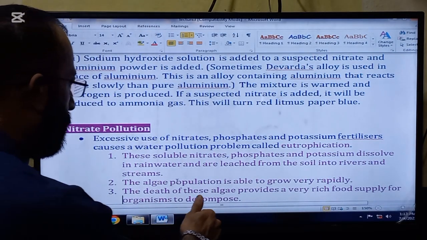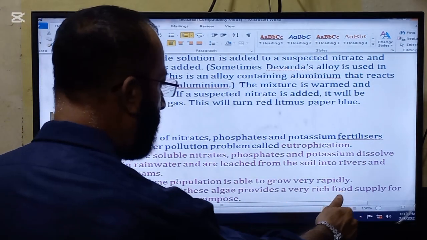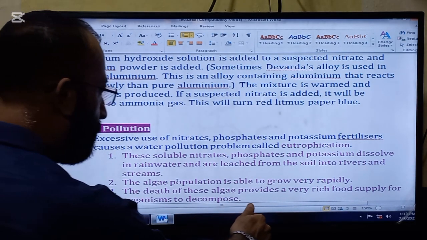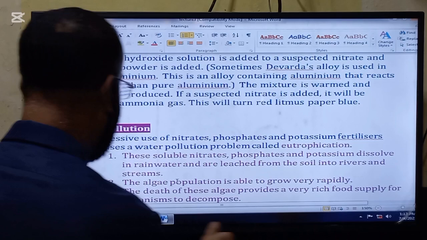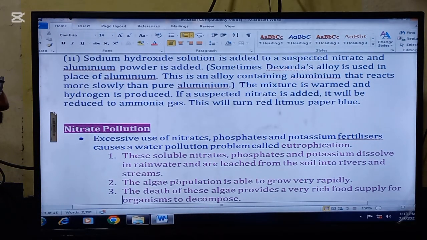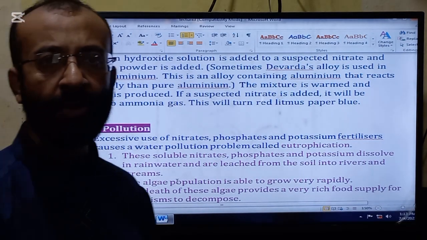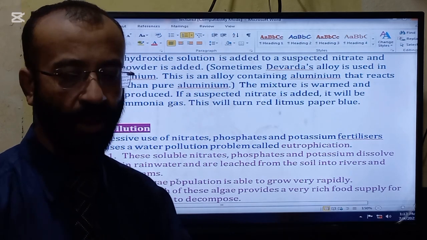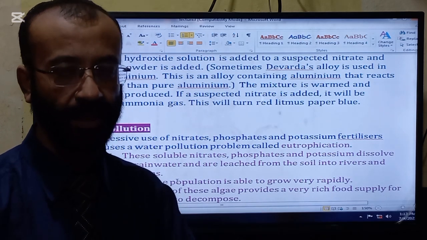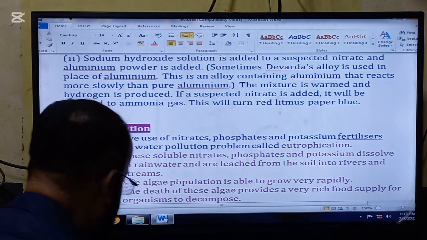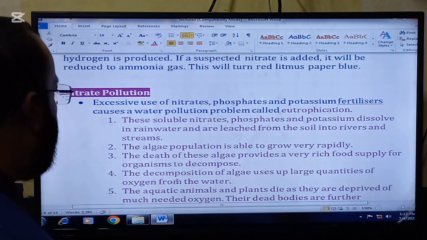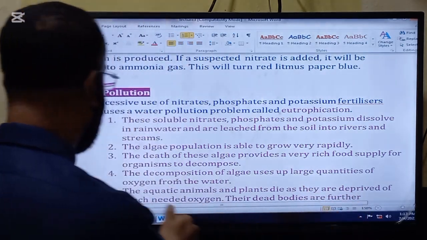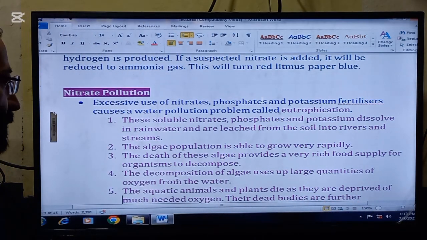The algae population is able to grow very rapidly because of this. The death of these algae provides a very rich food supply for organisms to decompose. So because of this rich food supply, the organisms gather there. The decomposition of the algae uses up large quantities of the oxygen from the water.